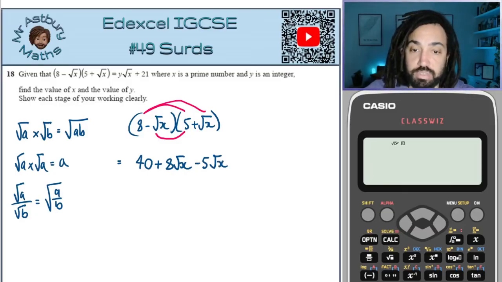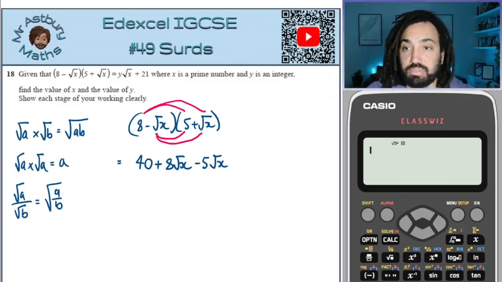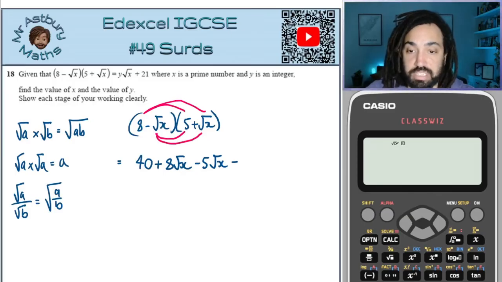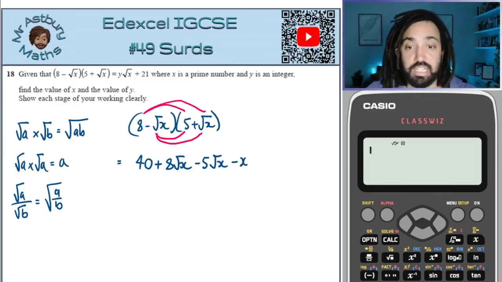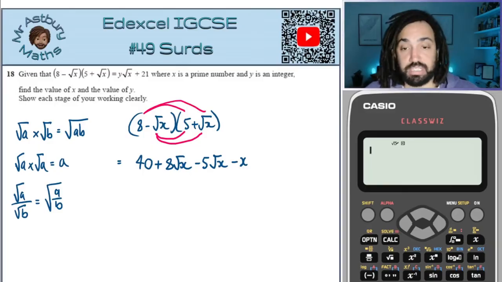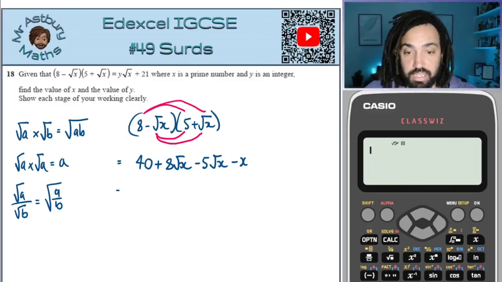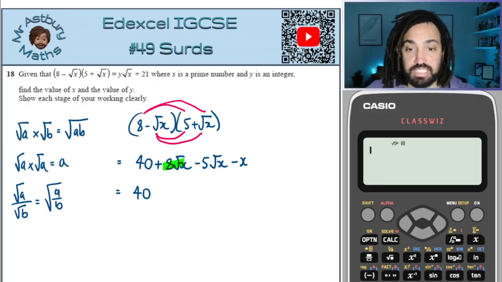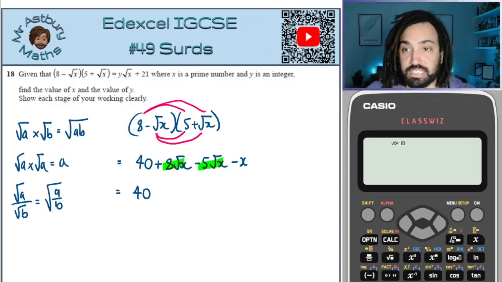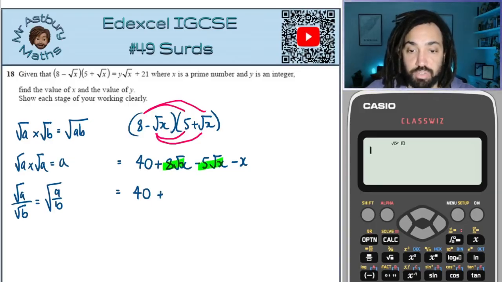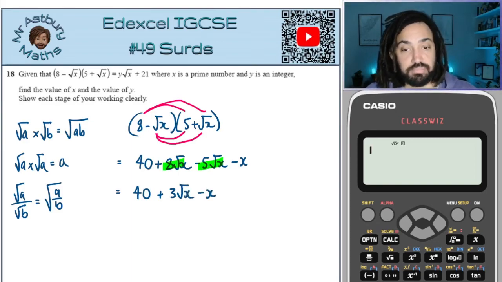And then we'll do minus root x times by root x, which is just minus x, because like we said, the square root of the same thing times by itself is just whatever that thing is. Okay, so we can collect here because we have 8 root x's and minus 5 root x's, which makes a total of 3 root x's. And then we've also got minus x here as well.